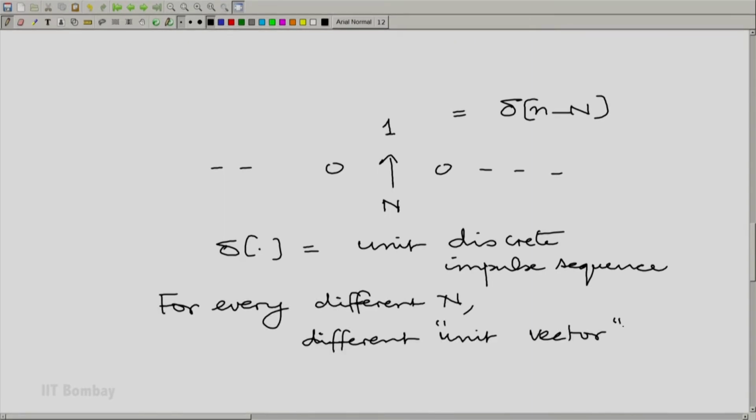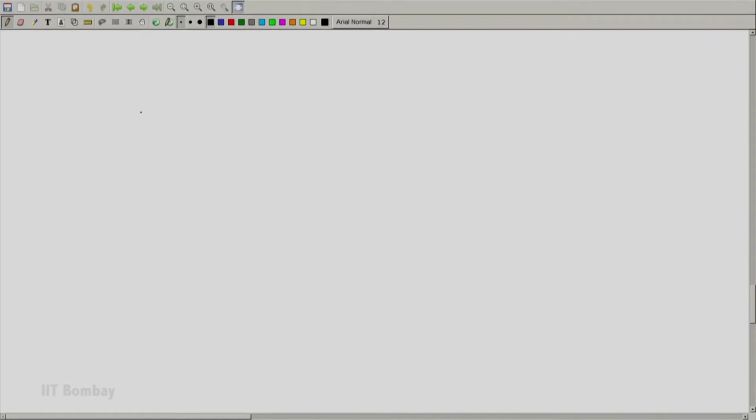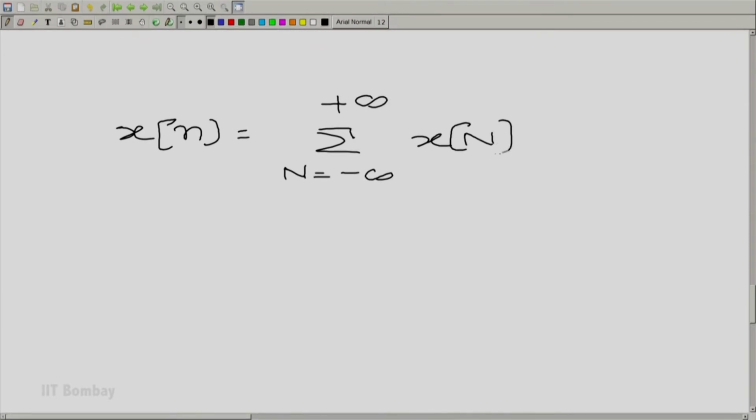And in fact, when we write down x[n] in terms of its decomposition in terms of these unit vectors, in other words, we could write x[n] as the summation over capital N going from minus infinity to plus infinity, of x[N] for each specific capital N, times delta[n minus N].